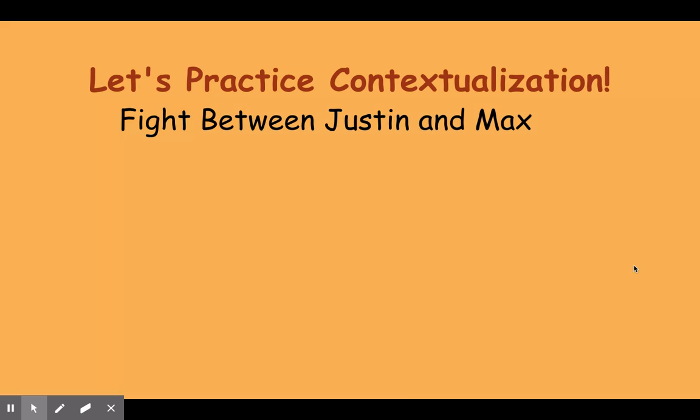So let's do a little practice. You've got this scenario on page 18, and it says you're going to read the principal's statement about a lunchroom fight between Justin and Max. And it says you have to identify where the principal answered the 4 contextualization questions above.